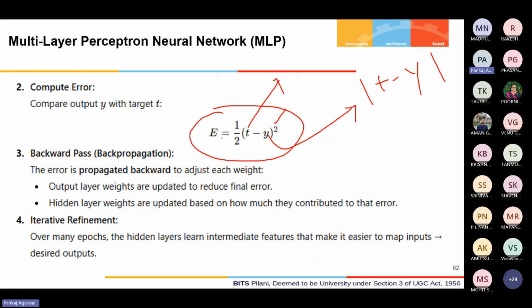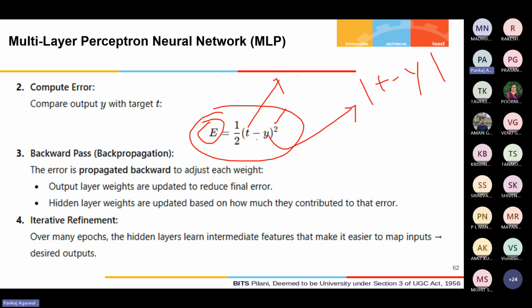Once this error gets calculated, the thought process would be how to use this error so that the previous weight values can be updated in a way that next time, when I do a forward pass in the second iteration, the difference between t and y can be reduced further.